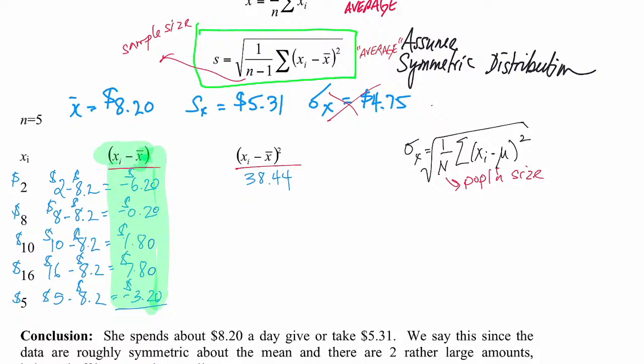Let's do that again. So this would be 0.04. This one would be 3.24. And 7.8 squared would be 60.84. And this will be 10.24. Is that what you get?